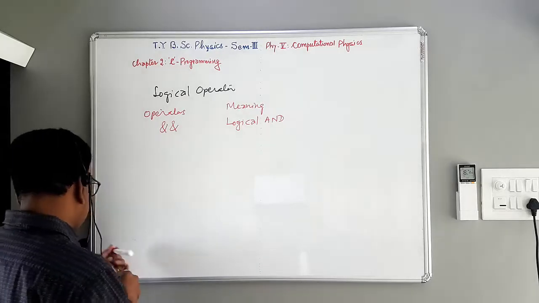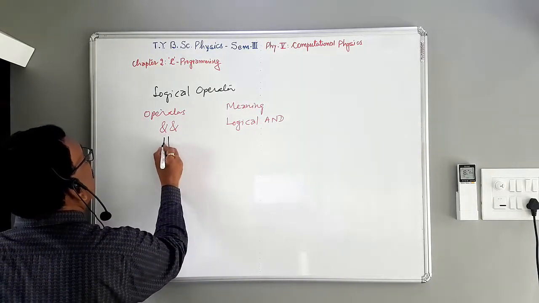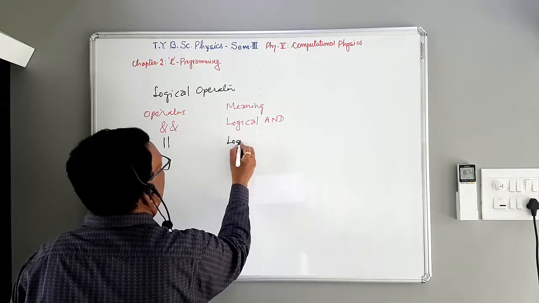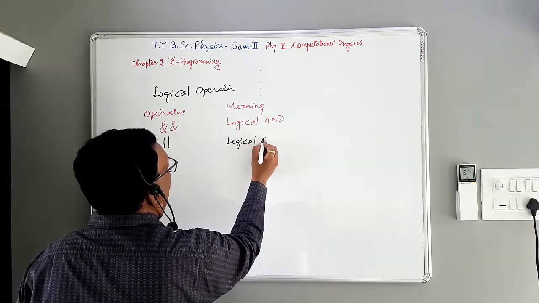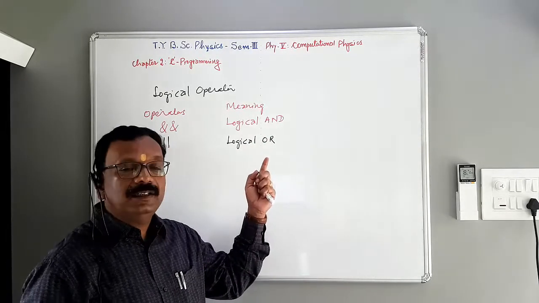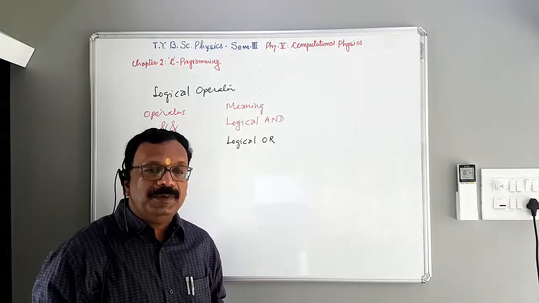Then second is OR logic or OR gate. Symbol of OR gate is this, and this is logical OR. This is also a basic logic gate which is already studied by you in SYBSC class.